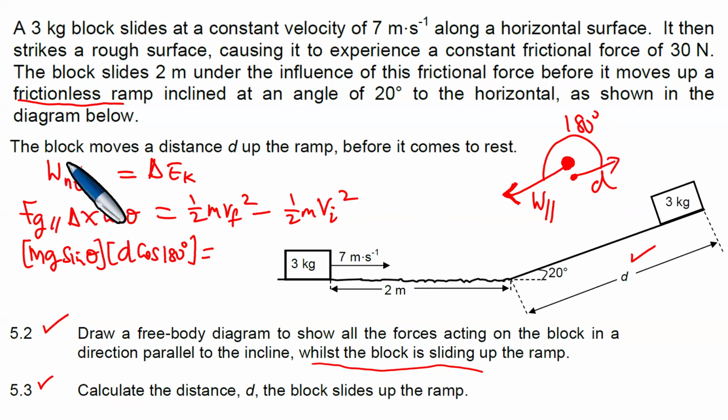Now, the block moves a distance up the ramp before it comes to rest. So finally, it's going to stop. 0 is the final velocity. The mass is 3.